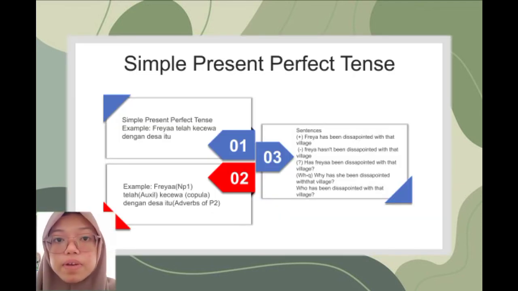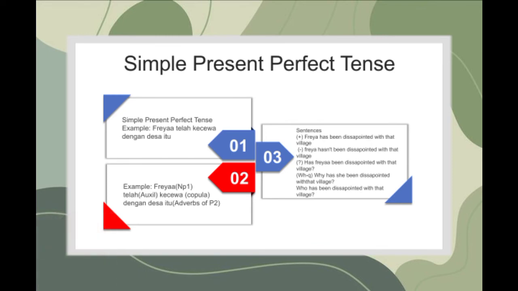Simple present perfect tense. Example: Freya telah kecewa dengan desa itu. For example, Freya is P1, telah is the auxiliary, kecewa is the complement, dengan desa itu is the adverb of P2. Sentence positive: Freya has been disappointed with that village.